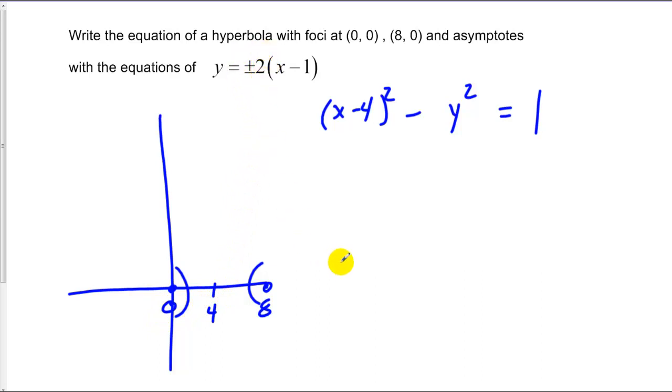However, I have a ratio of A to B. I know that my slope, in this case, of my asymptote is going to rise and run B to A. So I have a ratio of A to B is equal to, again, a rise and a run of 2 to 1.